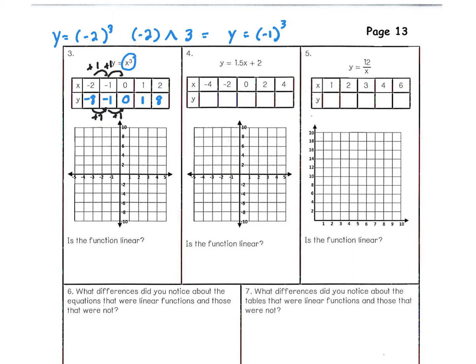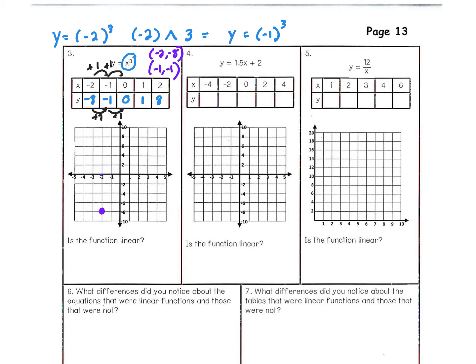If I went to graph this, I would be graphing the first ordered pair, which is -2 and -8. You're noticing that the scale is by 2s. We're going to go -2 on the x-axis, but the y-axis is by 2, so we're going to put -8. The next ordered pair is -1 and -1.